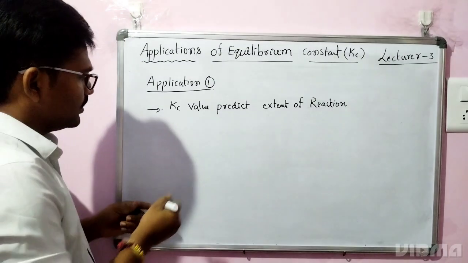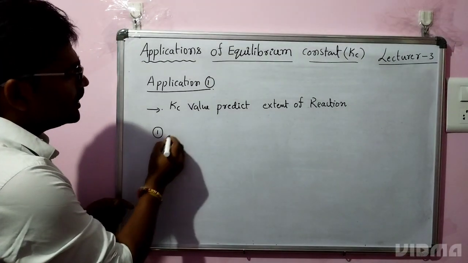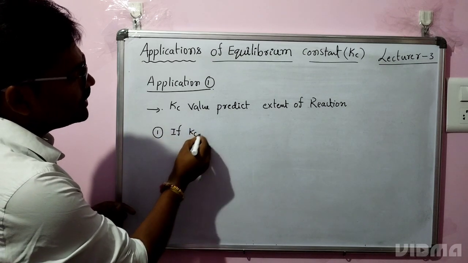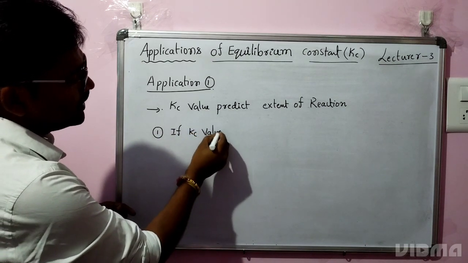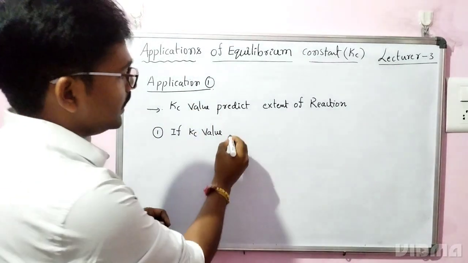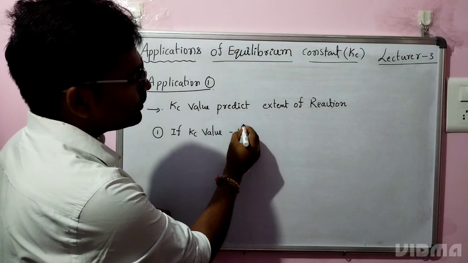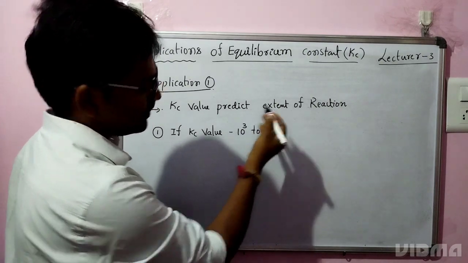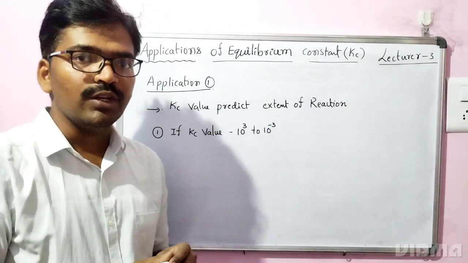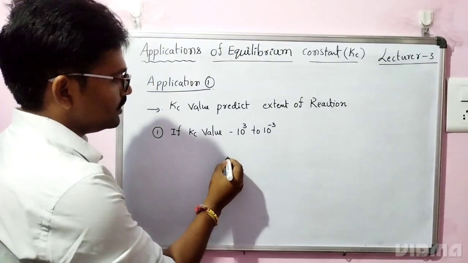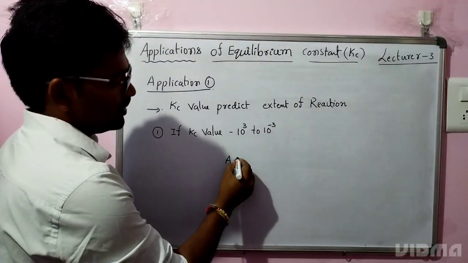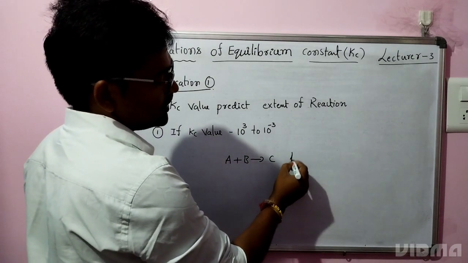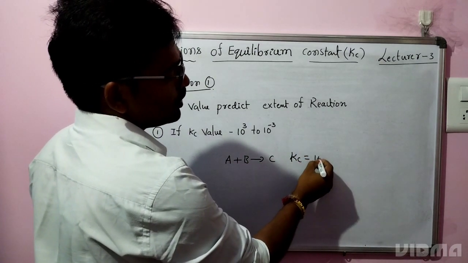First, in case the Kc value is in between 10 to the power of 3 and 10 to the power of minus 3. Are you getting my point? For example, A plus B gives C, then the Kc value equals 10 to the power of minus 2.